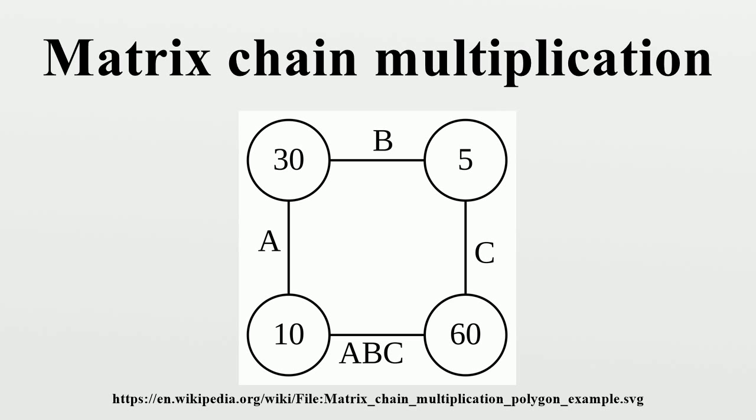For k equals i to j minus 1, q equals cost of scalar multiplications, q equals m[i, k] plus m[k+1, j] plus p[i-1] times p[k] times p[j]. If q is less than m[i, j], then m[i, j] equals q and s[i, j] equals k. s[i, j] is a second auxiliary table that stores k, the index that achieved optimal cost. Note: the first index for p is 0 and the first index for m and s is 1.